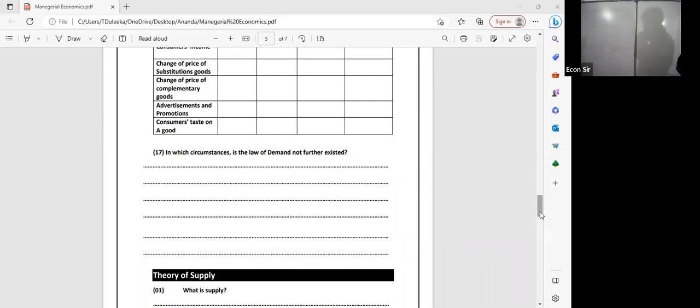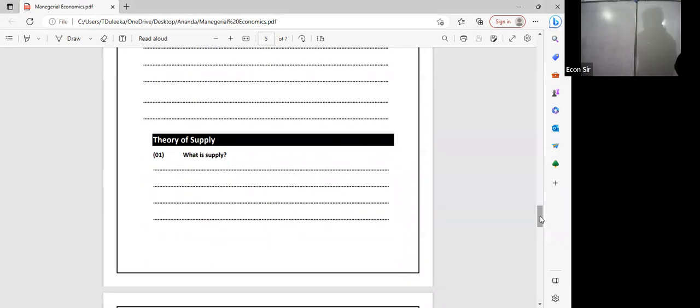Now I am going to discuss with you a new theory, that is supply. What do you mean by supply? Who is supposed to derive this supply?